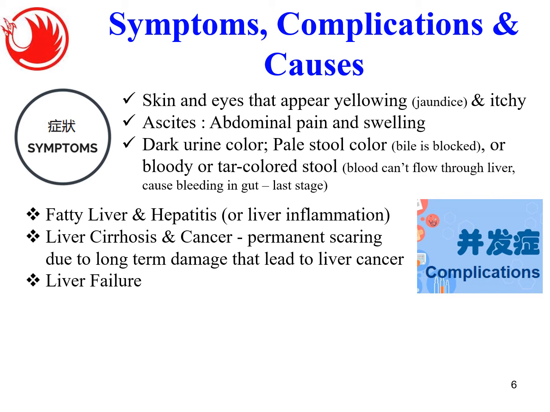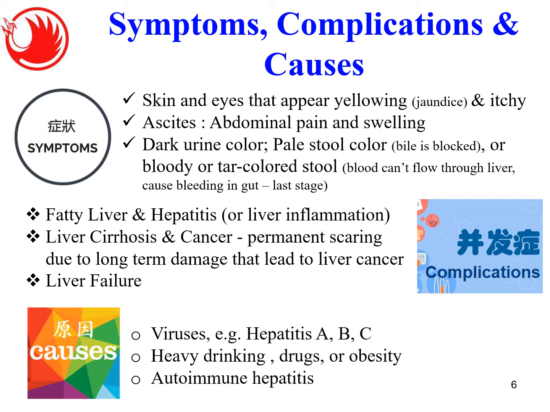Next, we look at the color of the urine and stool. Dark urine color could be a sign of a blocked bile flow. The normal color of urine should be pale yellow. So do take note that if your urine is always dark orange or brown in color, it could be due to too much bilirubin buildup.